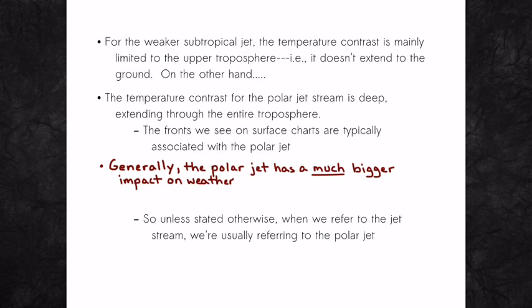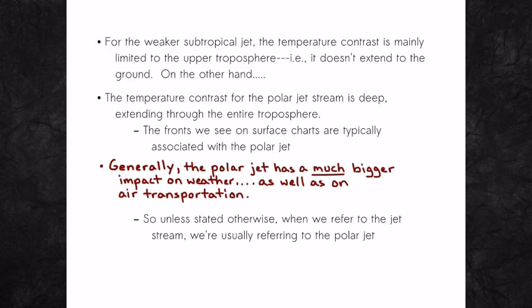The polar jet was stronger, it extends all the way through the troposphere, so it has a much bigger impact on weather, as well as on air travel. We've got these very strong winds in the upper troposphere. That has a big influence on air travel.